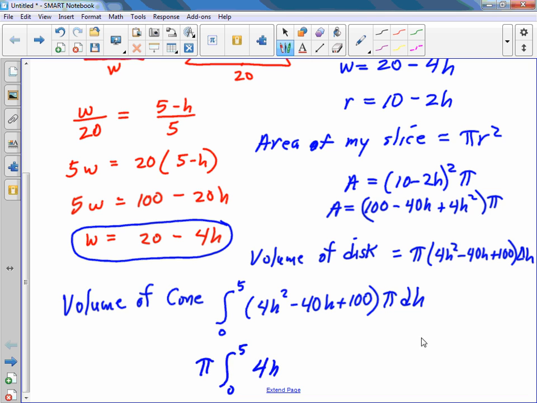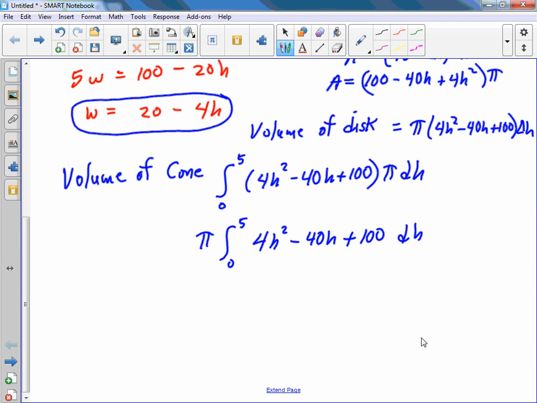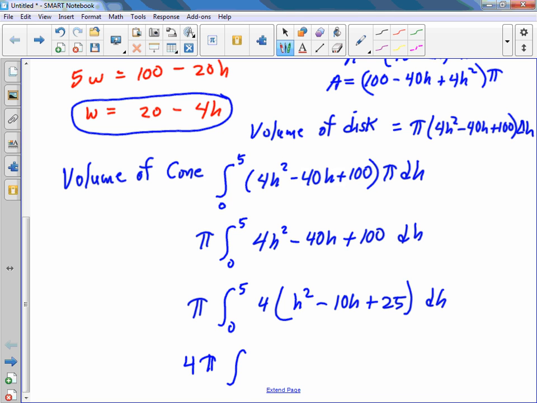And you don't have to do this, but if you wanted to, you can even pull a 4 out: pi times the integral from 0 to 5 of 4 times h squared minus 10h plus 25 dh. You don't have to. I'm just throwing this out there. So now you have 4 pi integral from 0 to 5 of h squared minus 10h plus 25 dh.